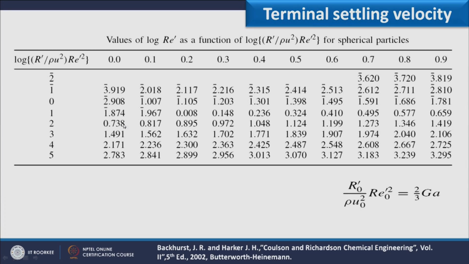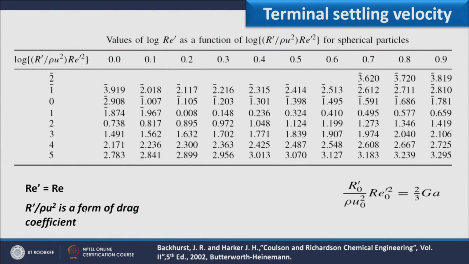Here we have 2 and 0.1 is available over here, so I will consider this value, and further 2.2, that is 2 is available here and 0.2 is available here. So, further I will collect this value. Now, making interpolation between these two, I will calculate the value of log Reynolds number at 2.15. So, once I know the Reynolds number, I can calculate the terminal settling velocity of the particle.